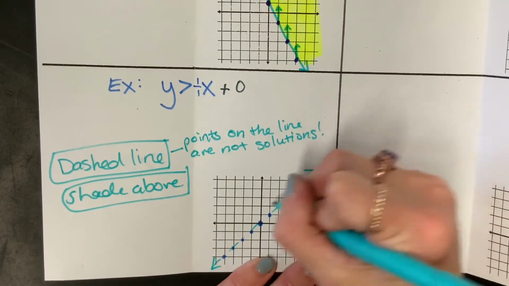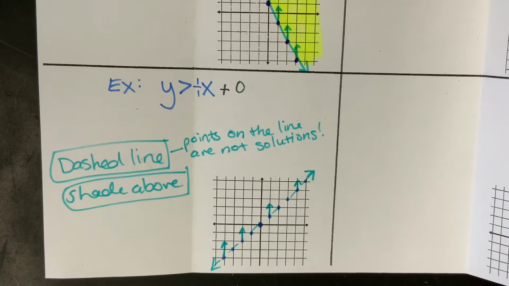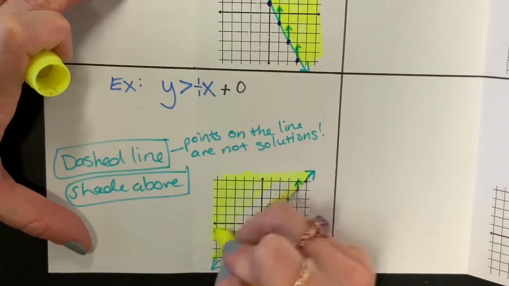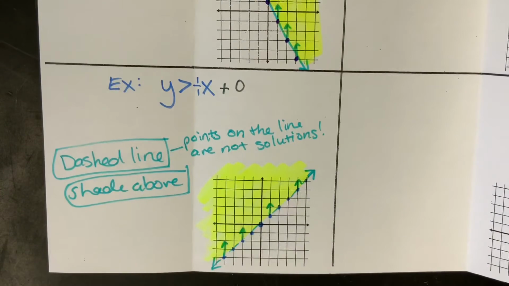So I'm going to go to it, some points. I'm going to shade up on those lines so I can see which half plane I am shading. So along that line and then everything up this way. Okay. The thing that might be a little different or unusual to think about is now the points on the line are not solutions.